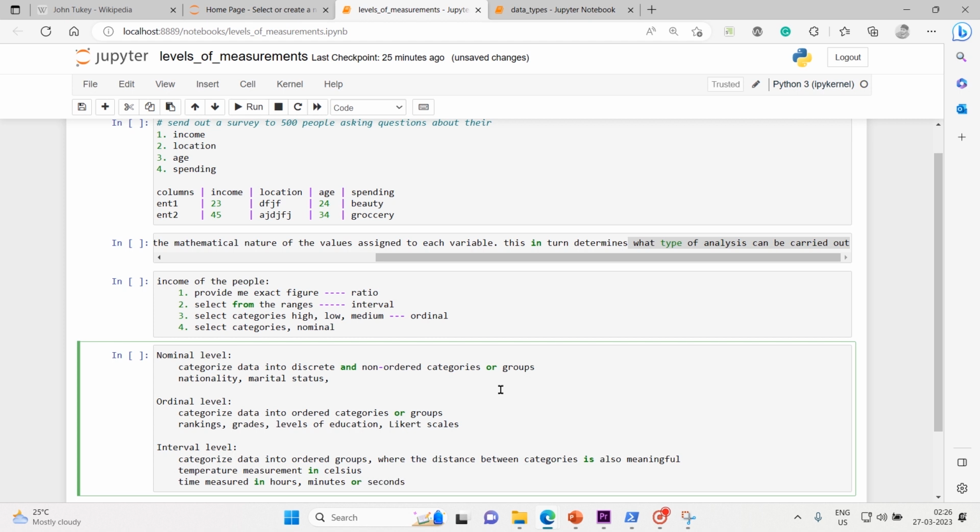Everywhere it will be categorized, then ranked, and most importantly, the distance or interval between the categories also has a certain meaning.